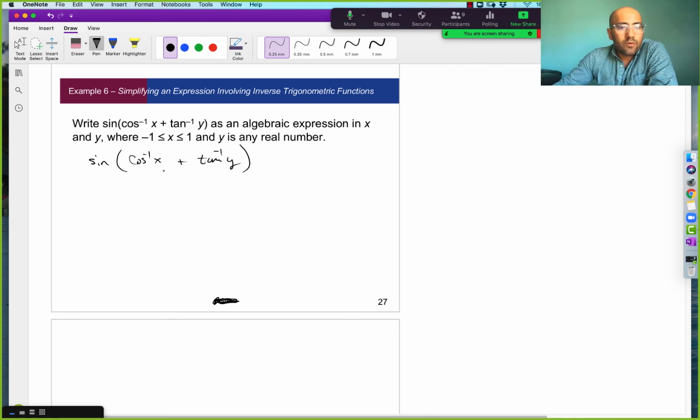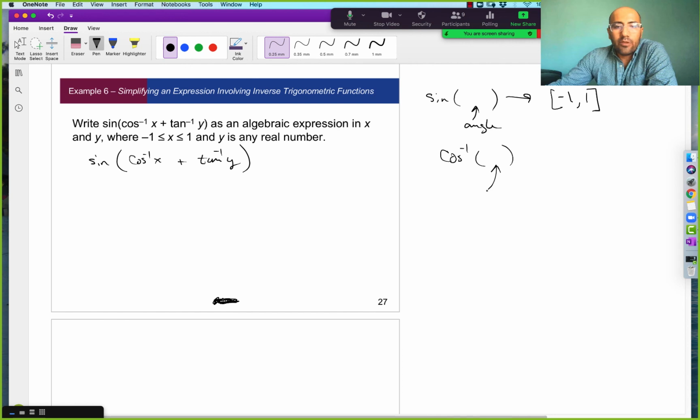Good. So remember that in the sine function, we input an angle, and then out will pop out a decimal, a number between -1 and 1. So the cosine inverse function works the other way around.